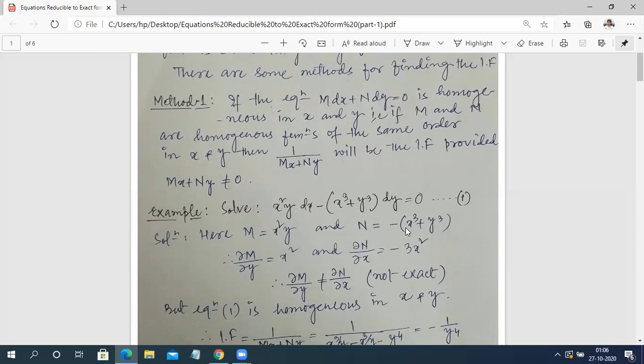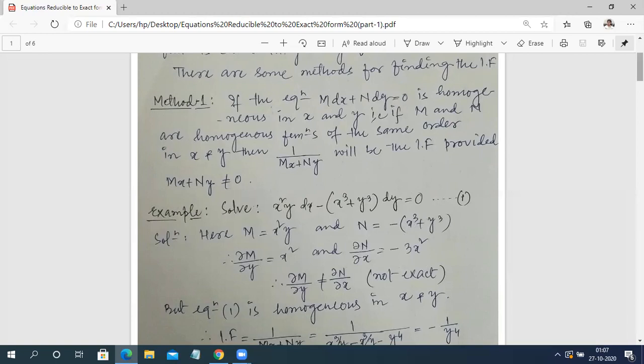Similarly, N is this, so if we partially differentiate with respect to x, then this is minus of 3x square. Y cube we consider as constant, so it will be 0, so only minus of 3x square. So these values are not equal. That means this given equation is not exact.